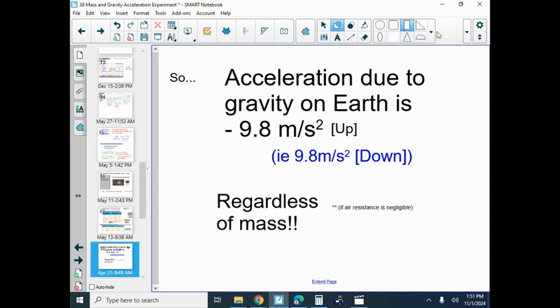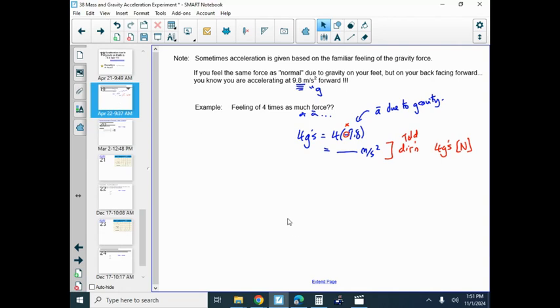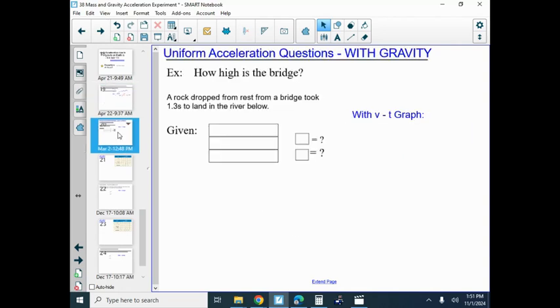All right. So the next step is just for us to be able to work with this reality. And it gives us an opportunity to practice some more uniform acceleration questions, where you're talking about something falling due to gravity. In a question like this, it's not going to give the acceleration number, but you need to recognize that it's hidden information when you're pulling the information out.